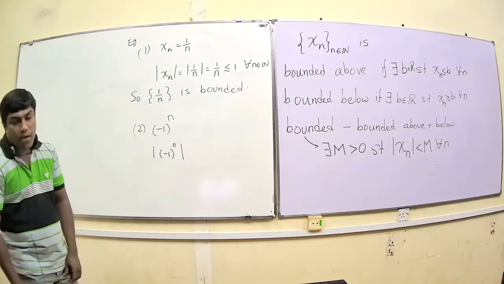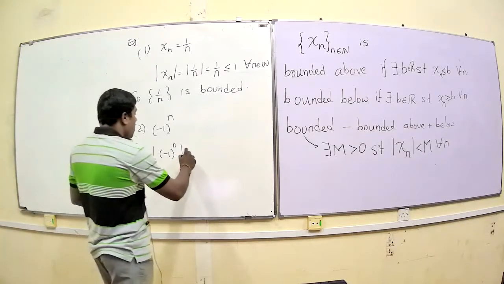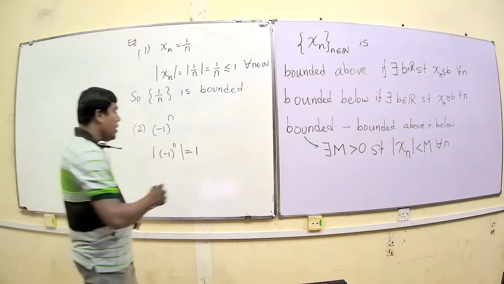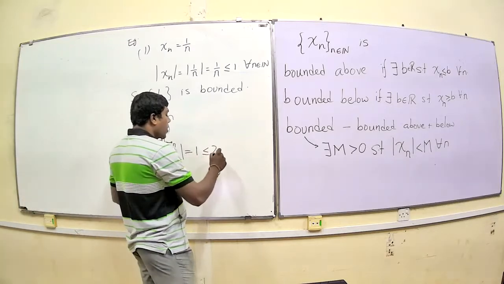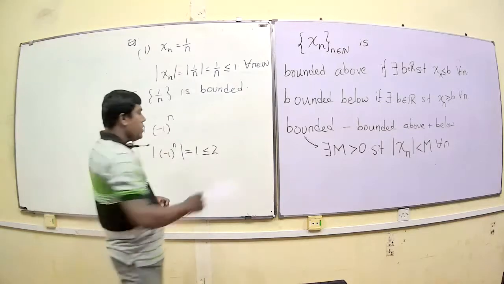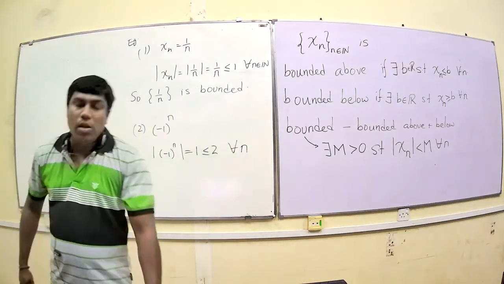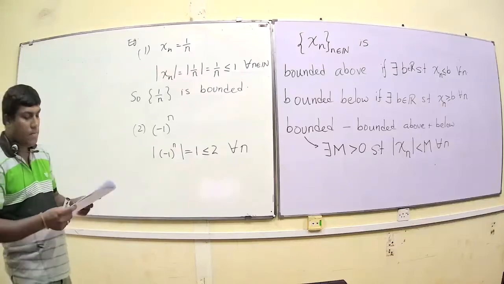When you take the absolute value, it is always plus 1, and this is less than or equal to 2 for all natural numbers. So clearly, this one is also a bounded sequence.